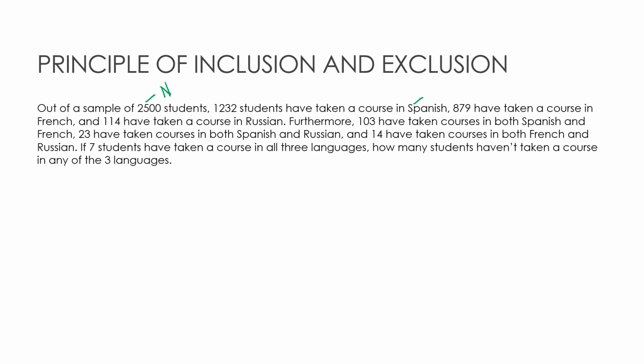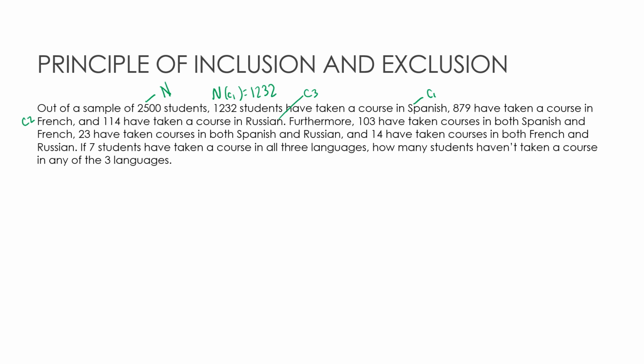So I'm going to let C1 be people who have taken Spanish. Then of course N(C1) would be 1,232. And I'm going to repeat that for French, which I'm going to call C2, and Russian, which I'm going to call C3. And then of course assign N(C3) to be 114 and N(C2) to be 879.